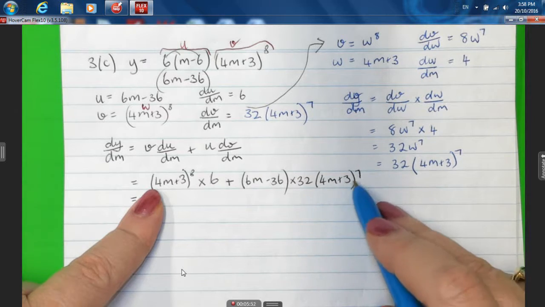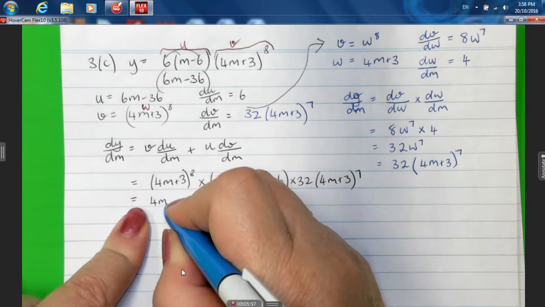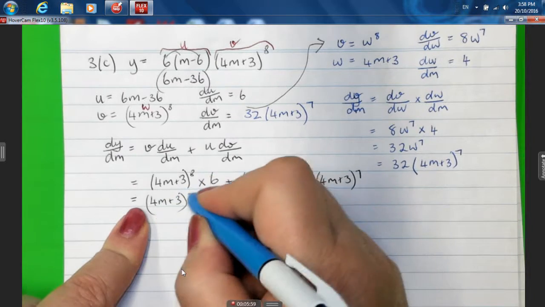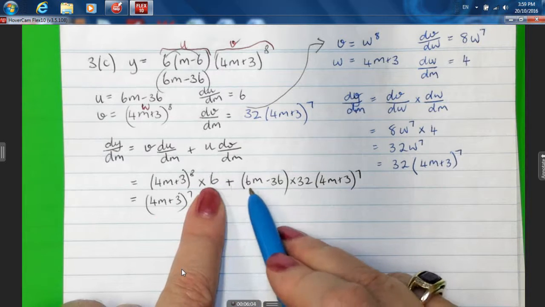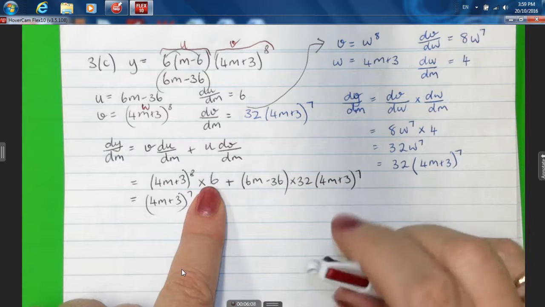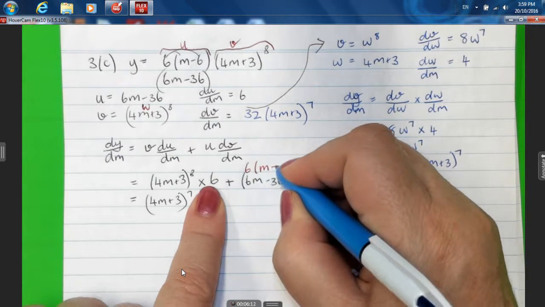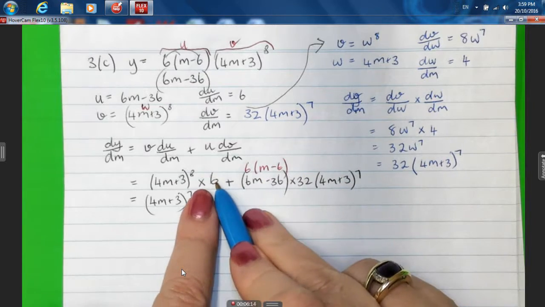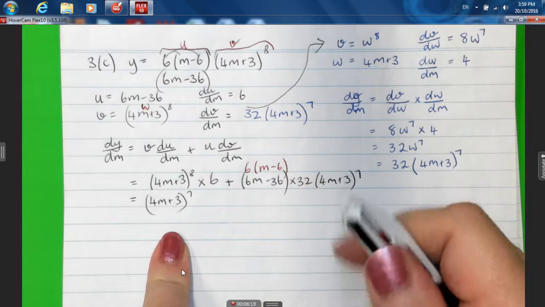So 4m plus 3 to the 7 goes into both of those, and we're going to put that out the front. Then we've got 6 here, and actually what I should have done is factored out that 6 again. Possibly I should have left it the way it was, but anyway. So we have a factor of 6 here and a factor of 6 here. So that's going to go out the front as well.